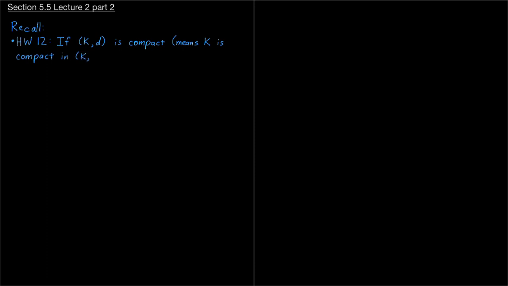I'll just use 'if (K,d) is a compact metric space' to mean that from now on. And (X,delta) is a superspace. Then K is compact in (X,delta). So being compact doesn't depend on what space you're in.